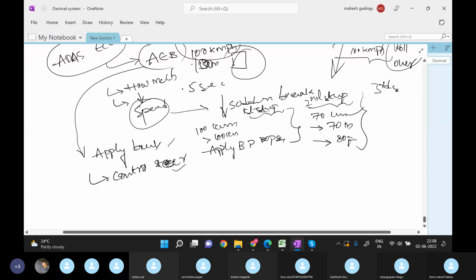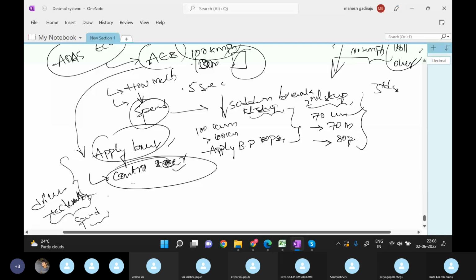In this case, if the driver tries to accelerate, it will not take that input. If he is trying to speed up the vehicle, it will not consider that acceleration. It knows that something has happened, so it has to apply the brake and control the steering. Apart from these two, it will not at all consider vehicle acceleration, even if the driver wants to accelerate the vehicle.